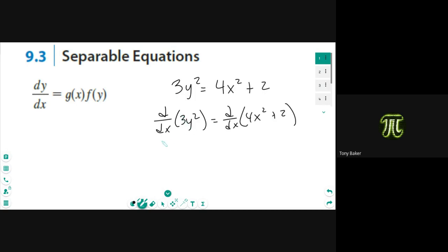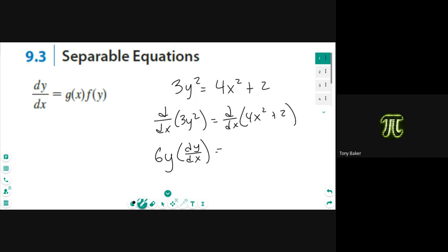For this one, the derivative would be 6y dy/dx, because you have to do the chain rule for that extra y. Y is not just a variable; it's a function in terms of x.